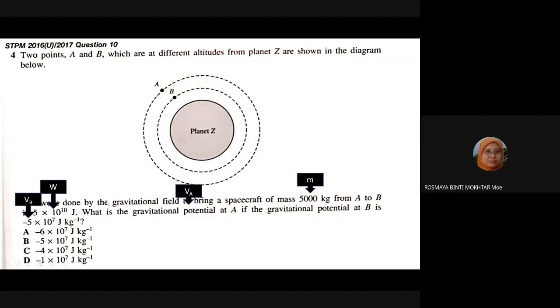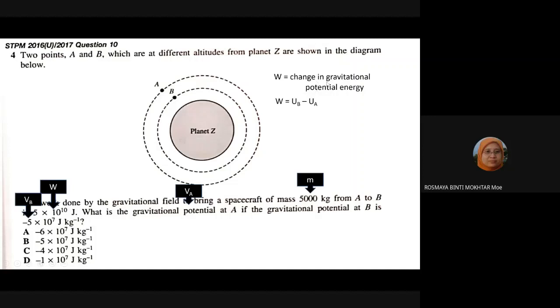So we are going to determine the relationship between work and V. What is the relationship between work and V? Work is the change in gravitational potential energy. This is from the work-energy theorem in chapter 4.